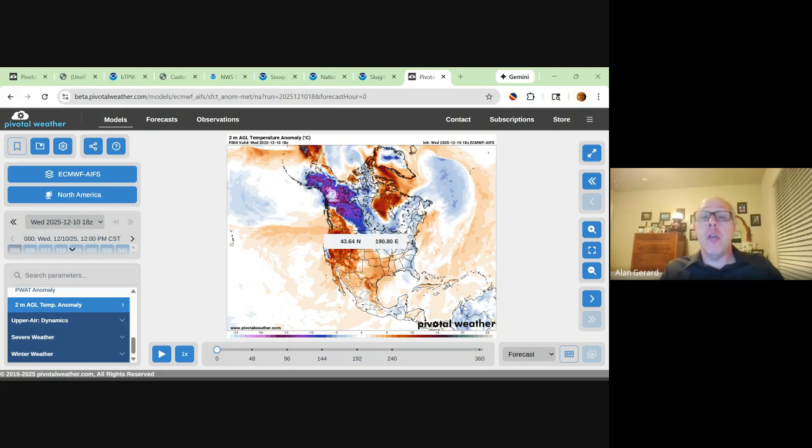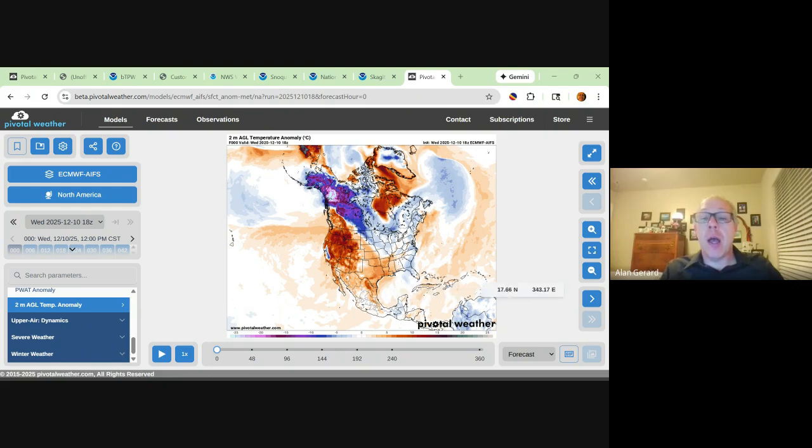And you can see here the abnormal warmth this afternoon and evening across the western United States. We can also see this building area of Arctic air with temperatures as much as 25 degrees Celsius below normal here over the Northwest Territories of Canada.